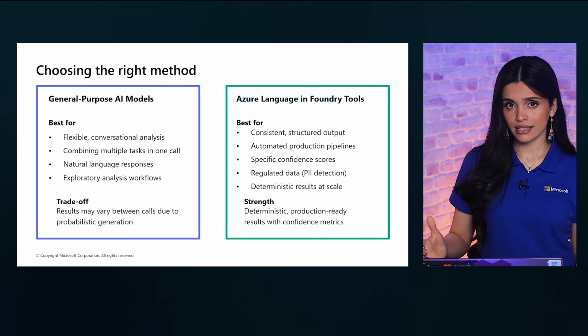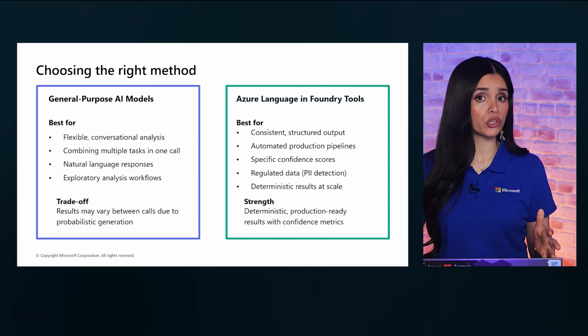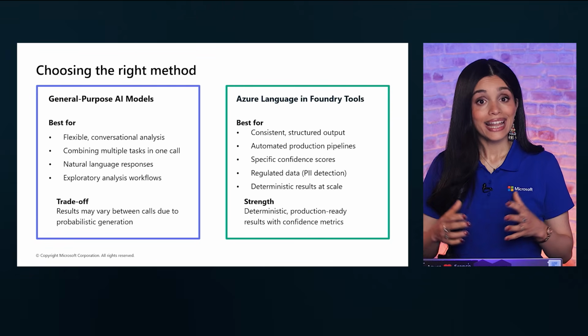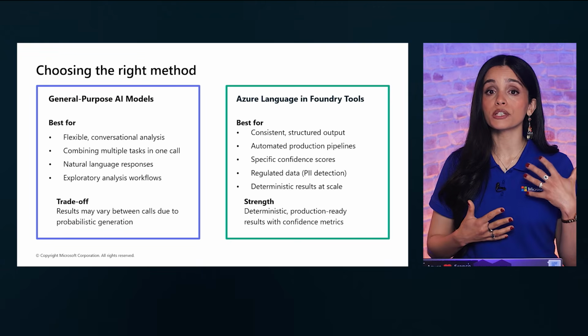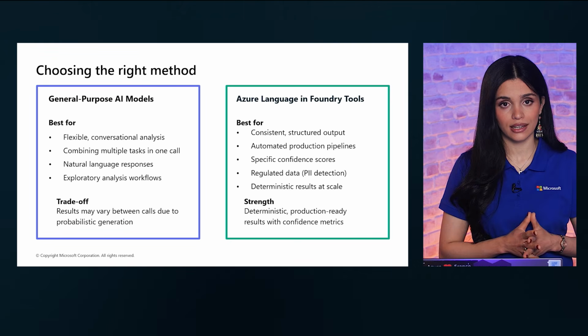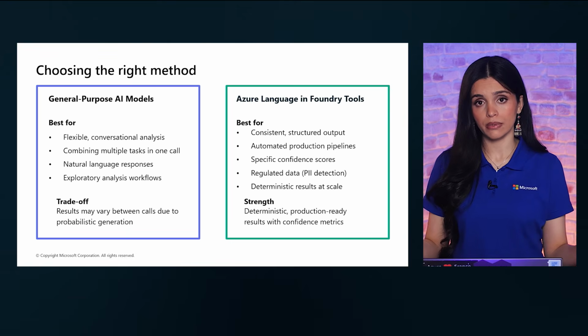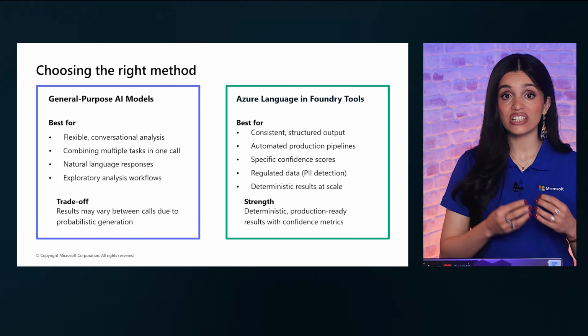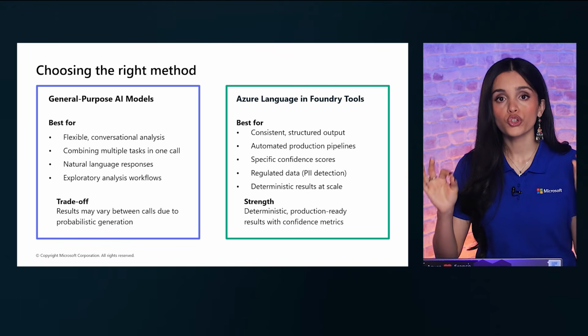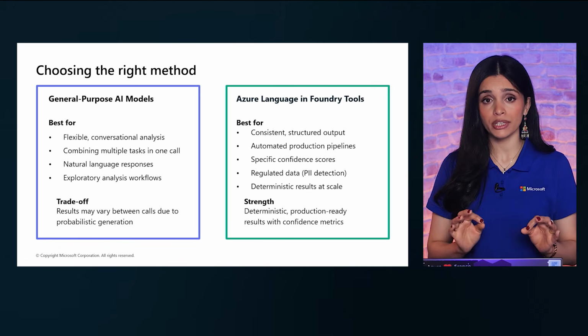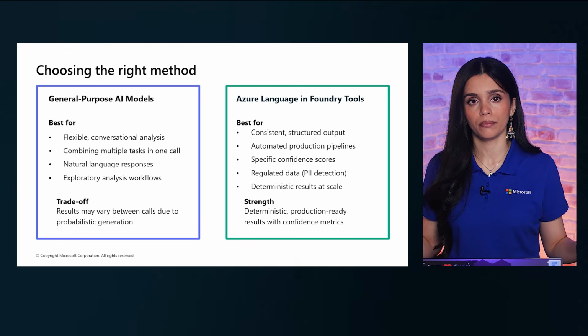Now let's contrast that with Azure Language Tools in Foundry. These are purpose-built language services designed for specific text analysis tasks. Instead of flexibility, their strength is reliability. They produce consistent, structured, and deterministic output every time.